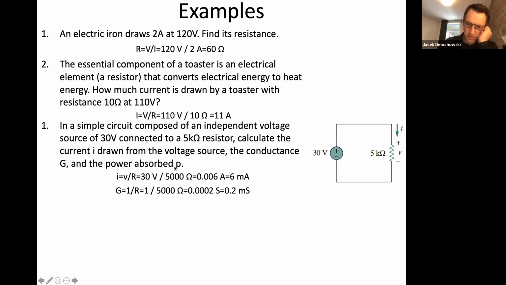There's two different ways, or at least three different ways, of doing this. I squared over G would work, yes. Yeah, that works. VI works. So which two numbers do I have to multiply?